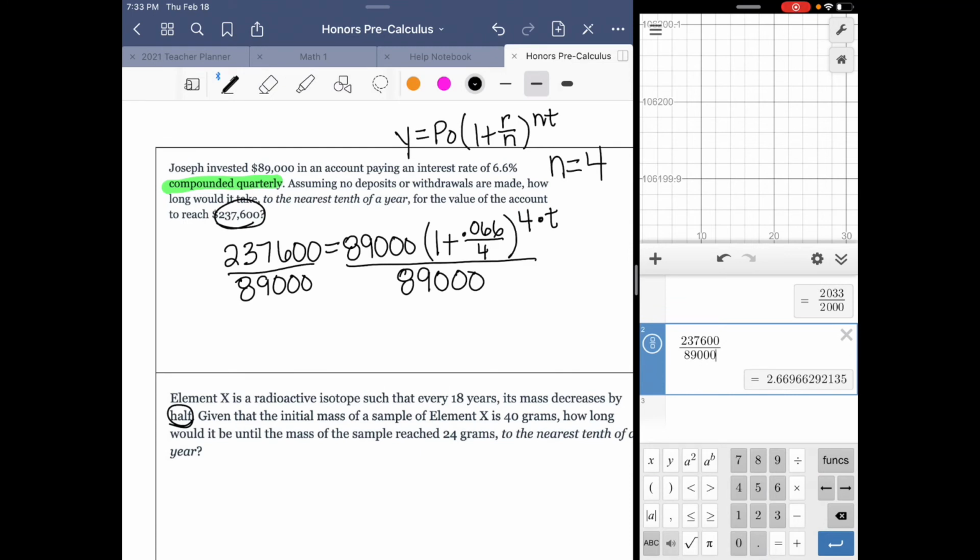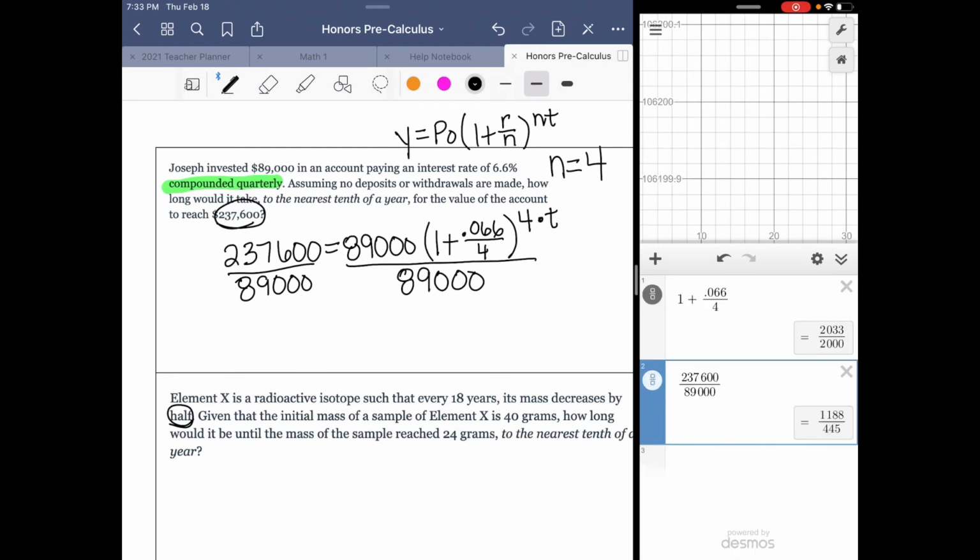You're really going to have to be careful when you're doing this. All right, so this one's 1188 divided by 445. And then we determined that this whole section right here was 2033 over 2000 raised to 4t.